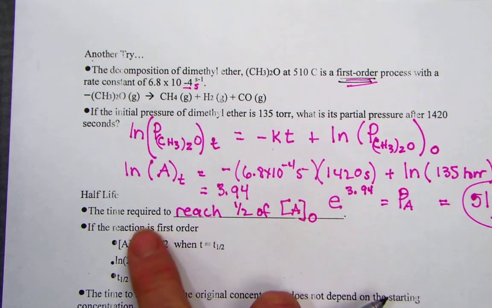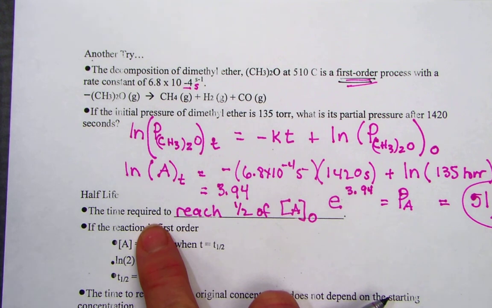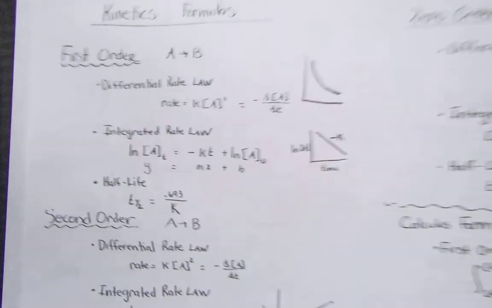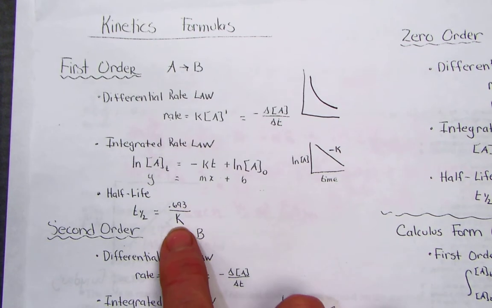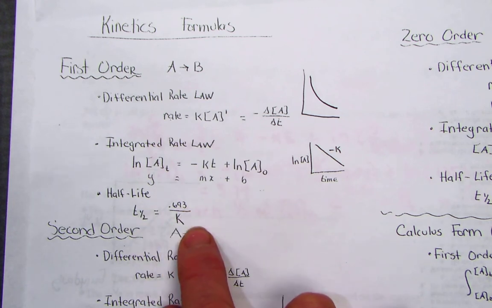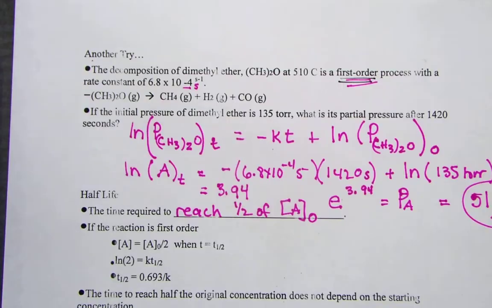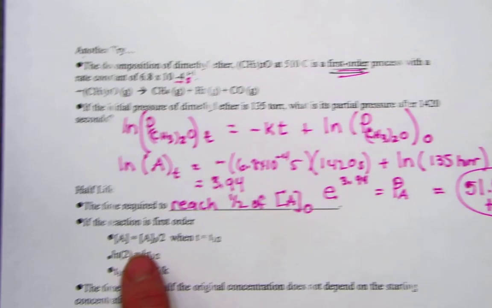That's what we're measuring with a half-life, the time required to go half as much. In the first order reaction, just to share, this is on our screen here as well. The half-life for first order reaction is the natural log of 2 over k.